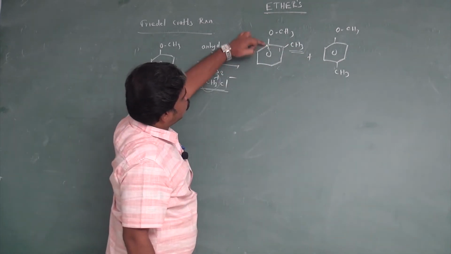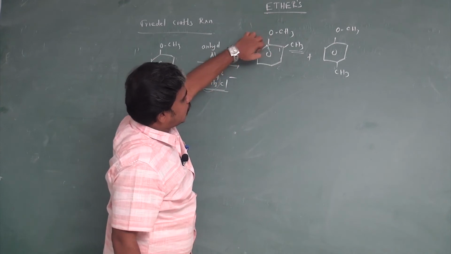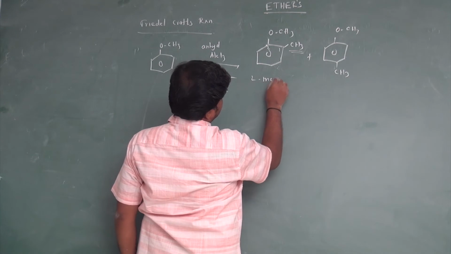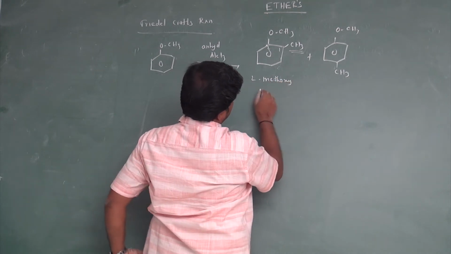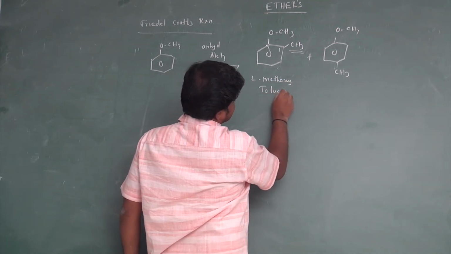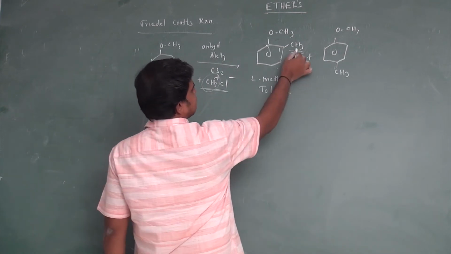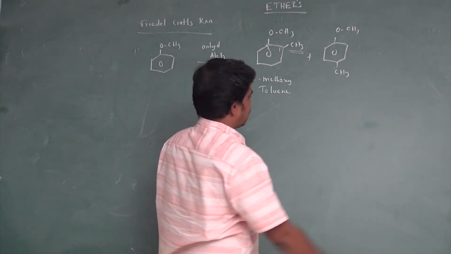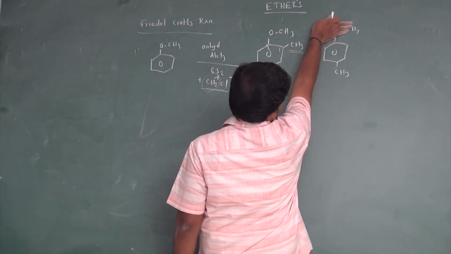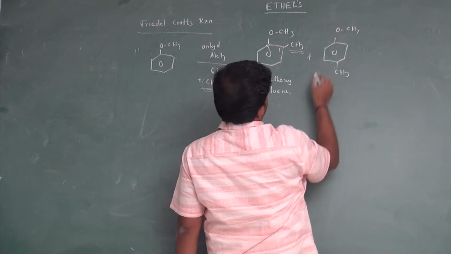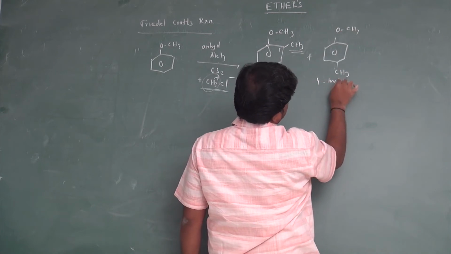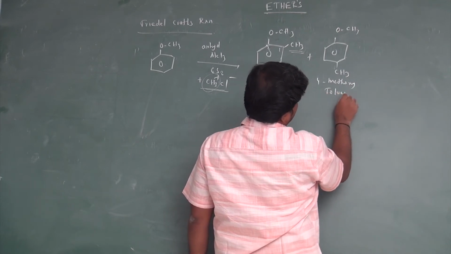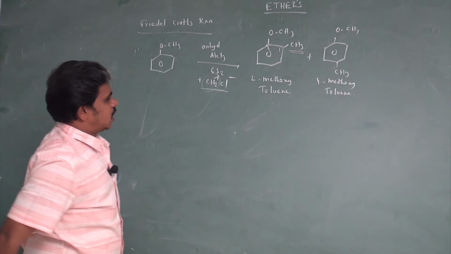So 2-methoxytoluene is a product, because CH3 attached to the benzene is considered the highest priority. So it is a toluene. Now it is 4-methoxy, so 4-methoxytoluene is a product.